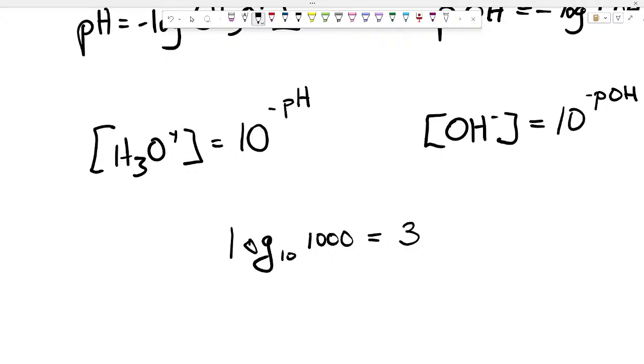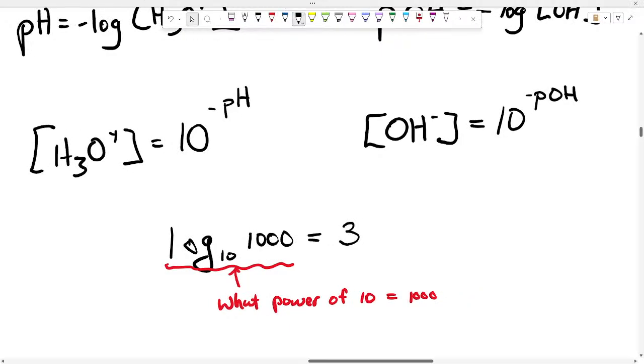It's equal to 3. Because this says, what power of 10 equals 1,000? That's the definition, right? So the way you construct the true statement is that 10 to the exponent 3 equals 1,000.